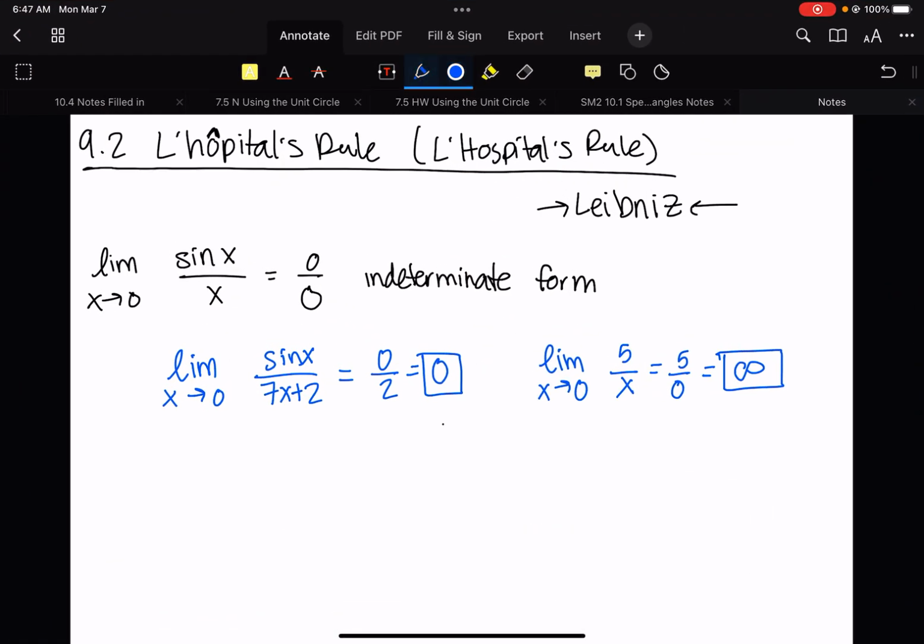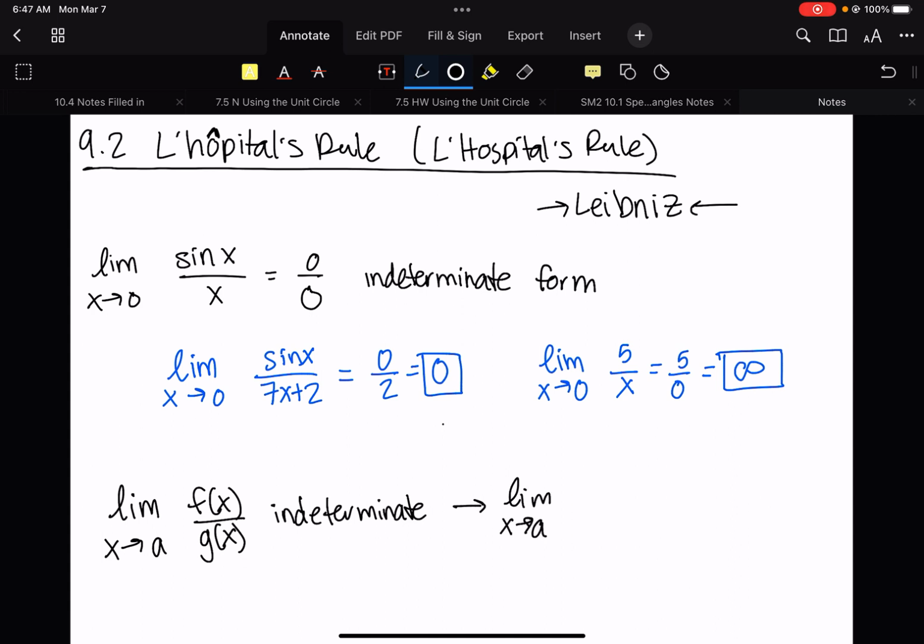It tells you, let me switch back to black: if we have the limit as x approaches any number a of f of x over g of x, so two separate functions, and this is indeterminate, then we can take the limit as x approaches a, and we just take the derivative of the top function and divide it by the derivative of the bottom function.